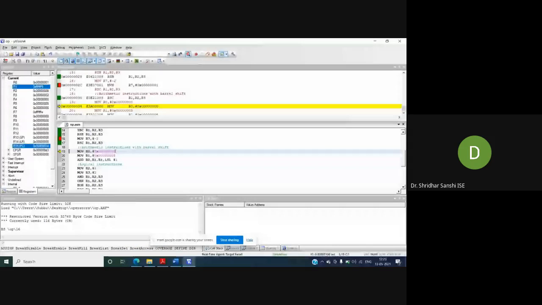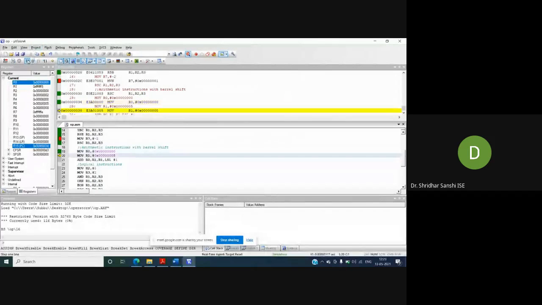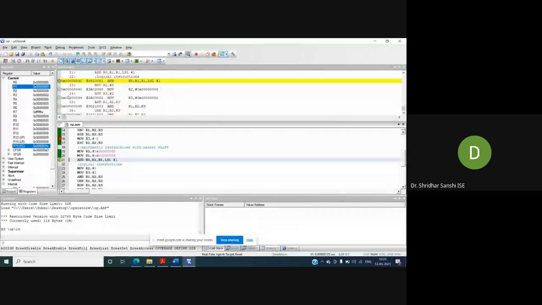I have initialized R0 with 0 and R1 with 5, hexadecimal values. We shift the content of R1 by 1 and then add it with the R1 value, and the result is stored in R0.